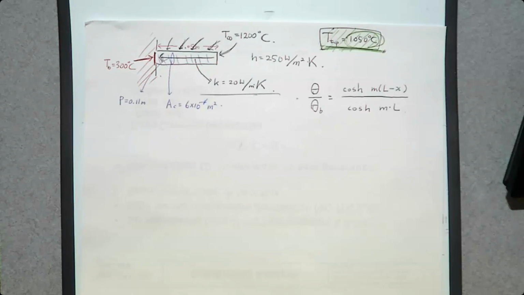What is m? I know what is L. It's going to be the length of the fin. X is going to be the location in the fin. But what is m? What is theta?